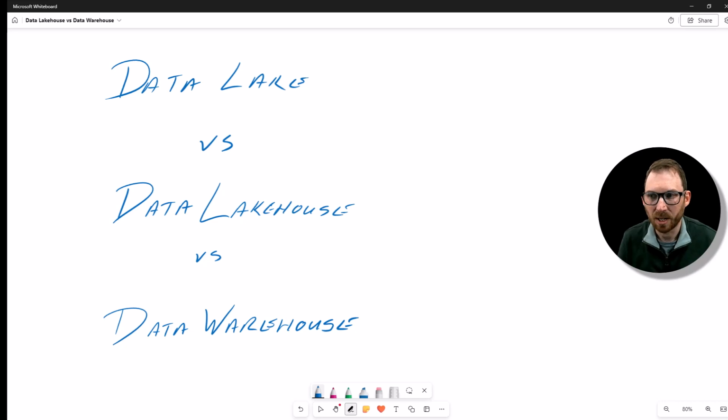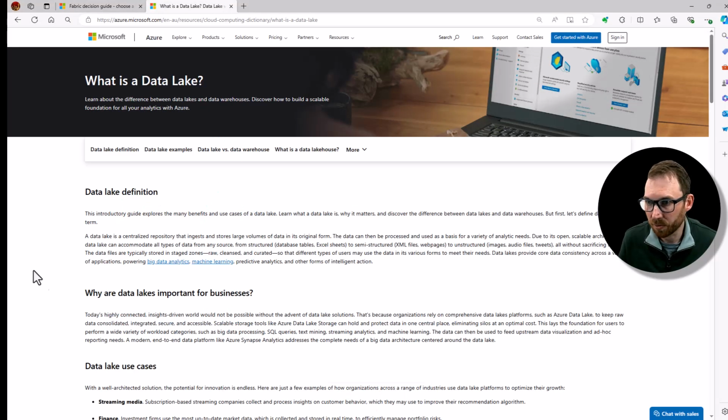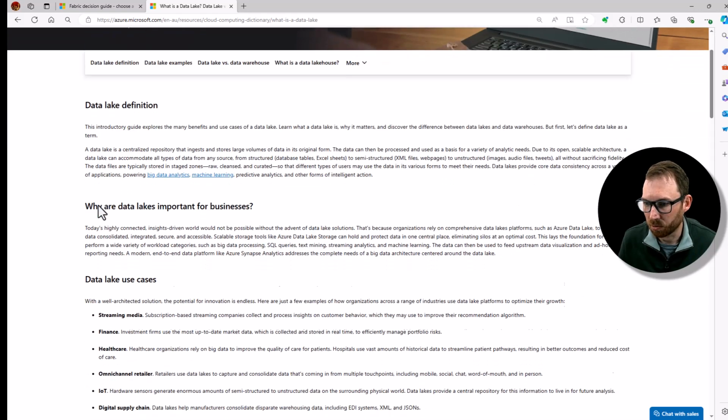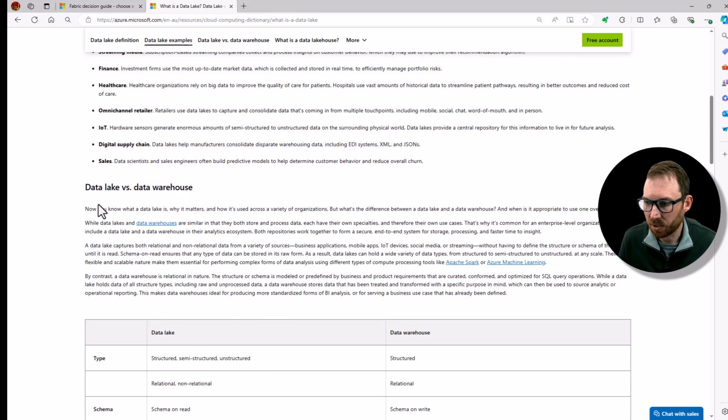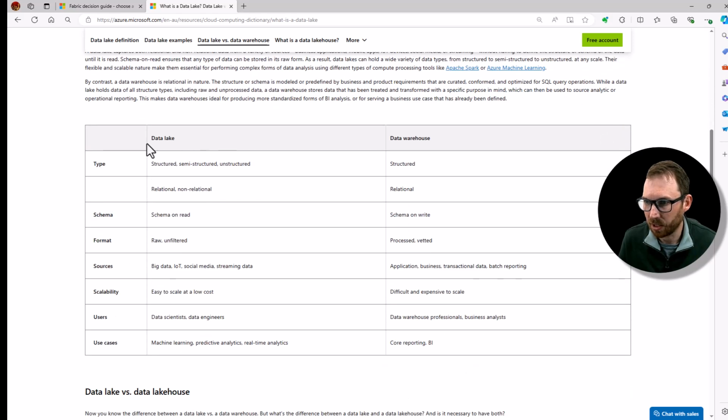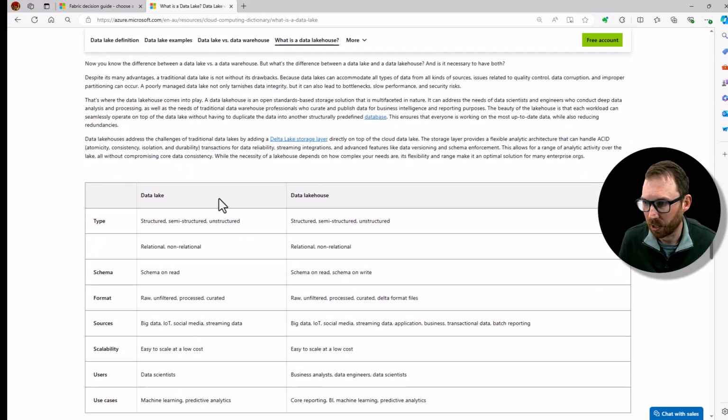link to them, but I came across this article from Microsoft that I thought I'd just share here today in today's video around what's the difference around a data lake, and it's a good read, and it has a comparison table around a data lake, a data warehouse, and then further down data lake and data lakehouse.